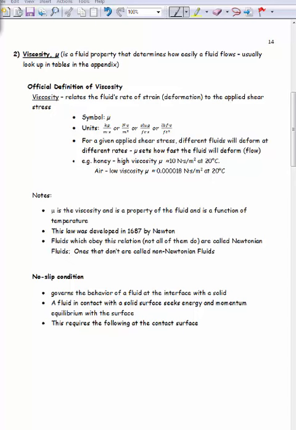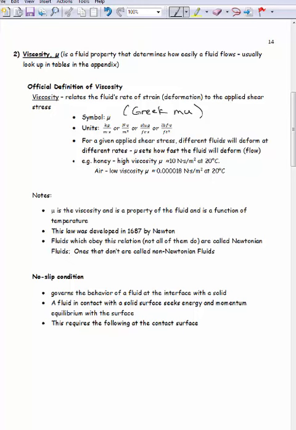So basically how much force or stress do you need to apply to get that fluid to move. Its symbol is mu. Looks kind of like a U, but with a little thingamabob at the front of it. That's actually a Greek mu. Okay, and you'll see those units when you look it up in the back of the book.